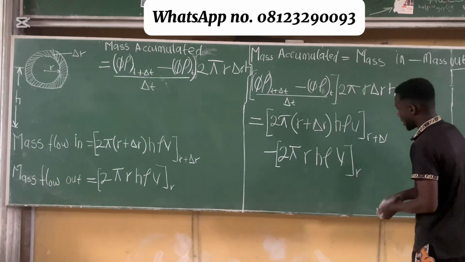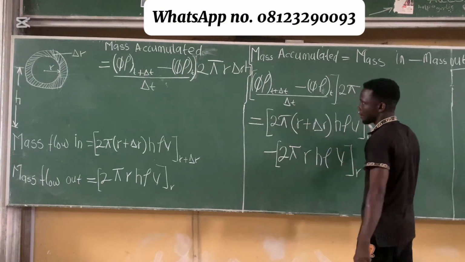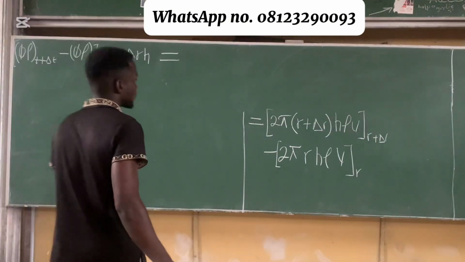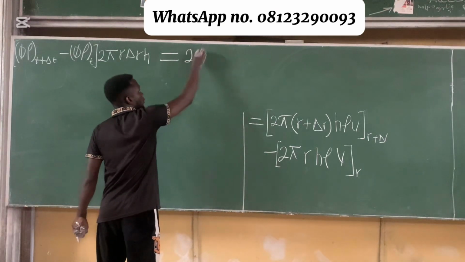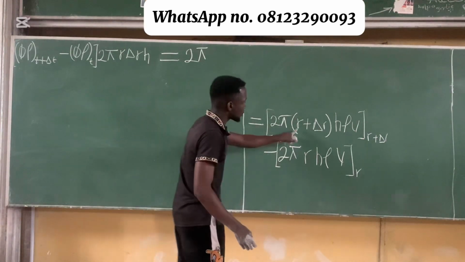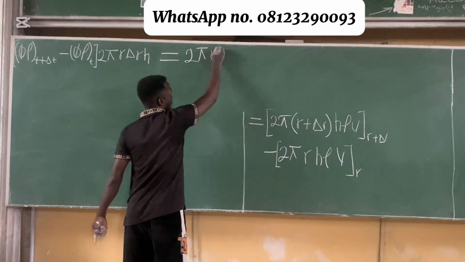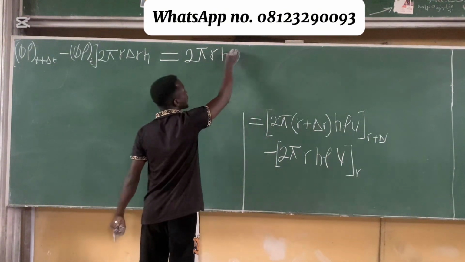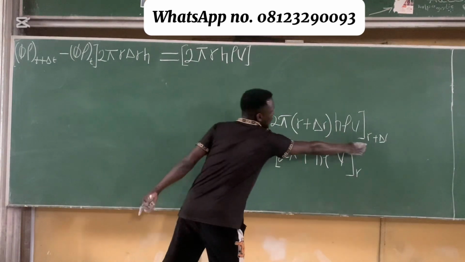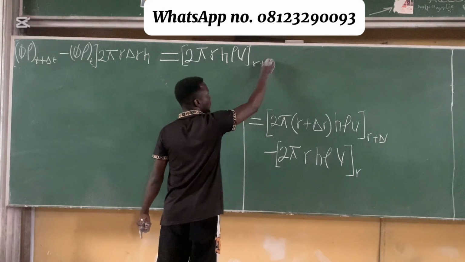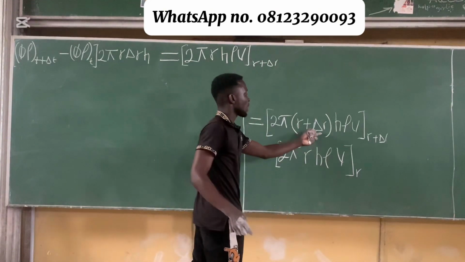Since we have this, the next step now is to expand this particular bracket. So let's expand. If we expand, the first term, r times this, will give us 2 pi r h rho v at r plus delta r. Now this one is just for the r. The next step is to expand using the delta r.